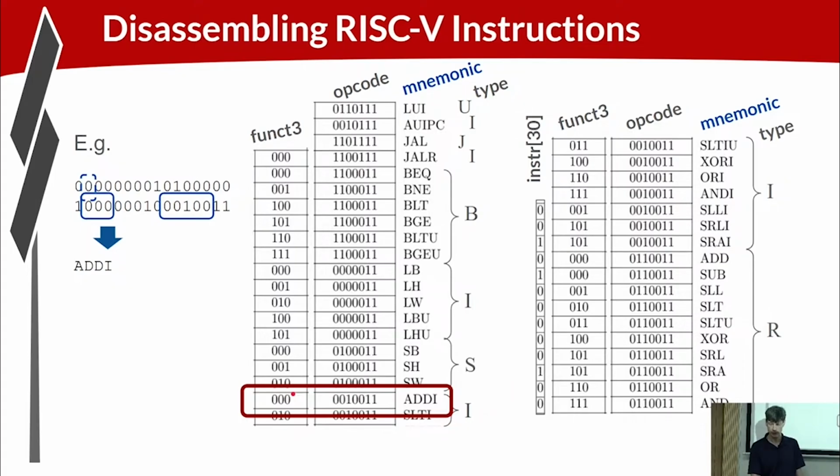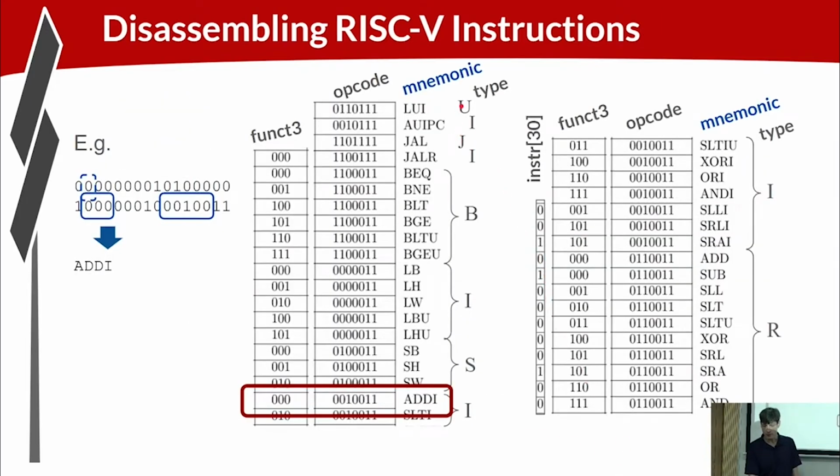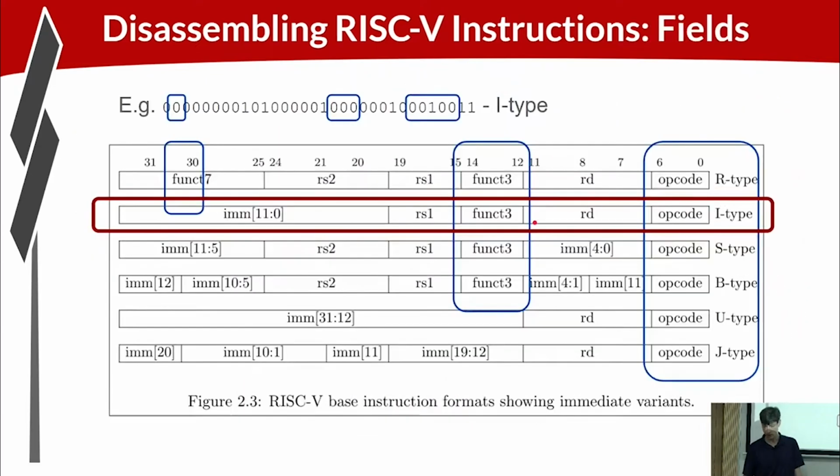That is right. That matches up with addi. So we know that we're an addi, and this says we're I-type, which matches up with what we found in this table. Basically, the types that I have listed here next to these tables are just a reflection of this table.